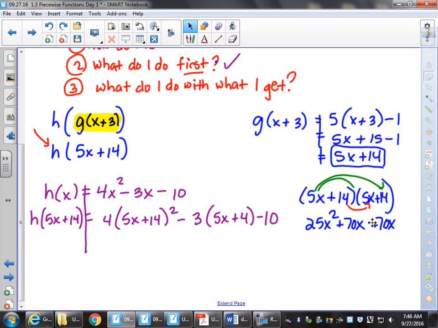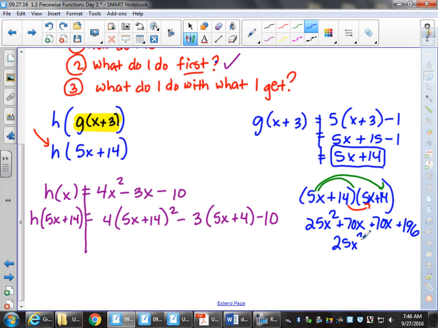I add 70 and 70. And we get 25x squared plus 140x plus 196. It is much easier to deal with this on the side than trying to work on it in here. Now we're just going to pull our result in.